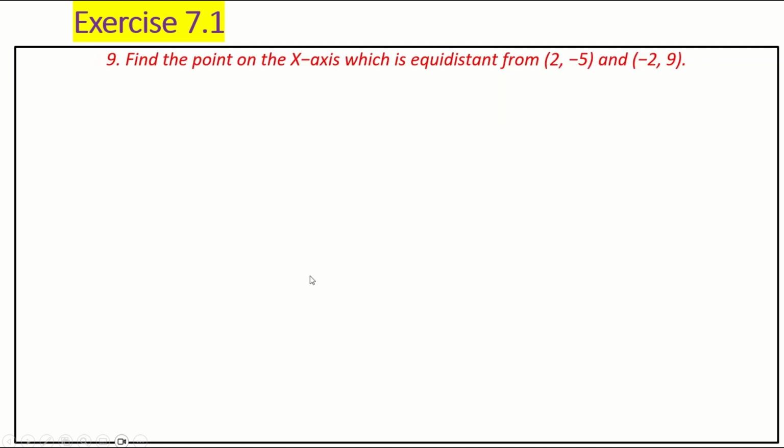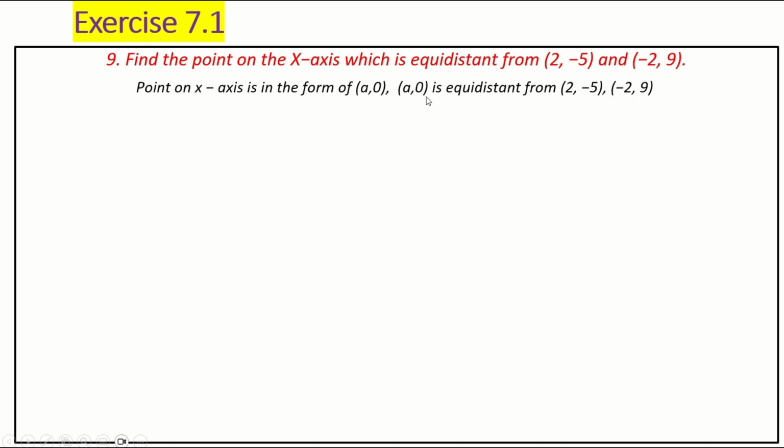Next. Find a point on the x-axis which is equidistant from 2 comma minus 5 and minus 2 comma 9. So let the point on the x-axis be a comma 0, which is equidistant from these 2 points. So the distance between a comma 0 and 2 comma minus 5 is equal to the distance between a comma 0 and minus 2 comma 9.